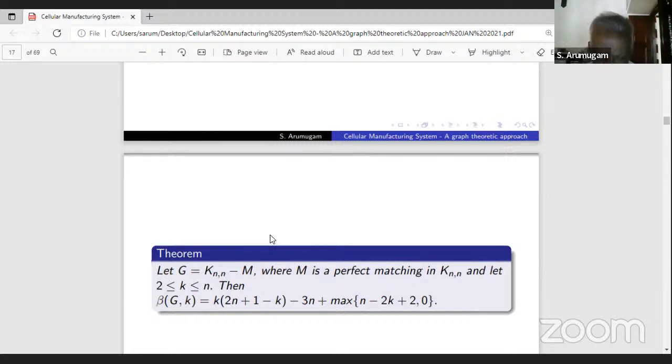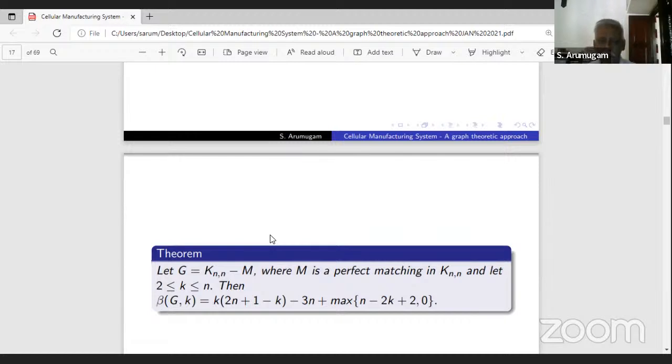What is the minimum number of edges to be removed so that you get a disconnected graph with exactly K components and such that every component has at least L vertices? Okay, I call this K, L restricted edge connectivity of the graph.